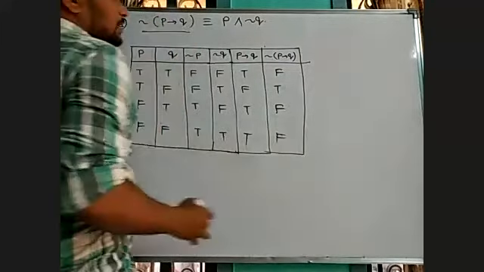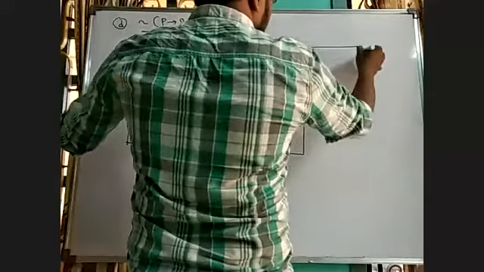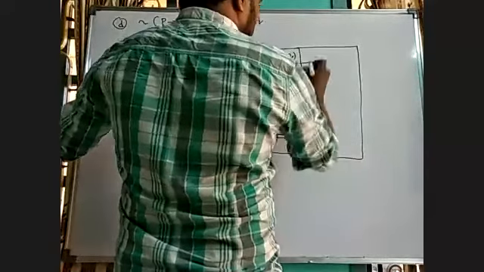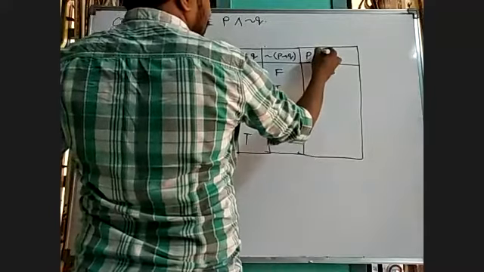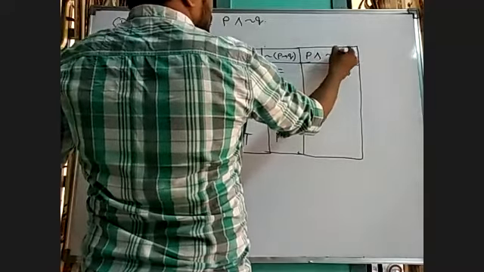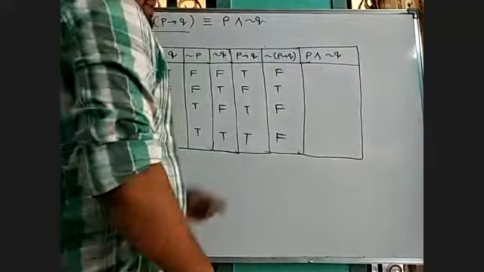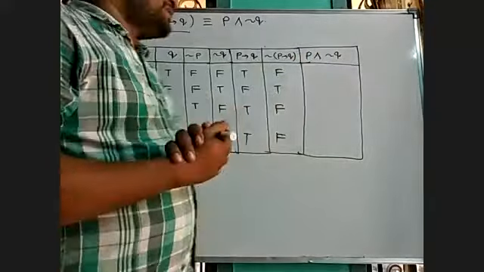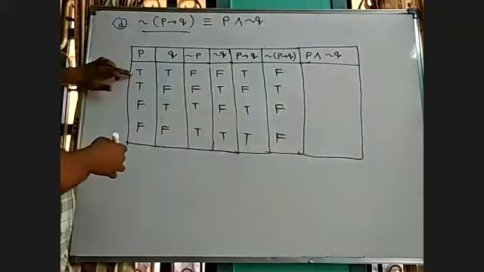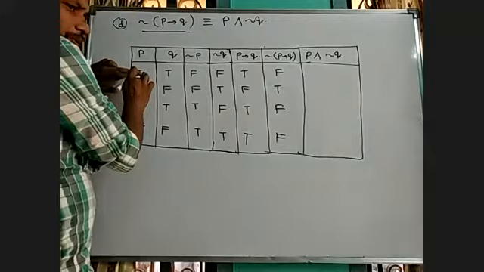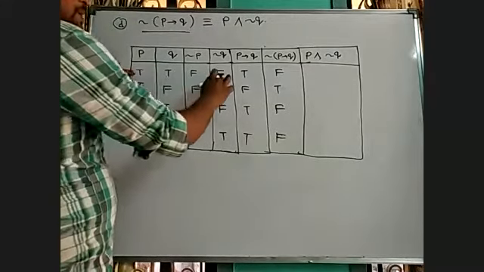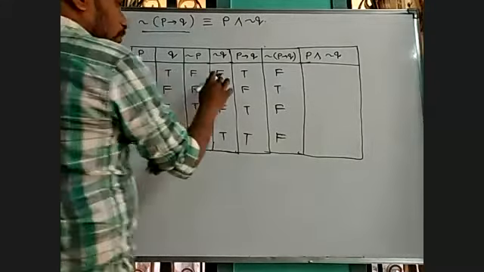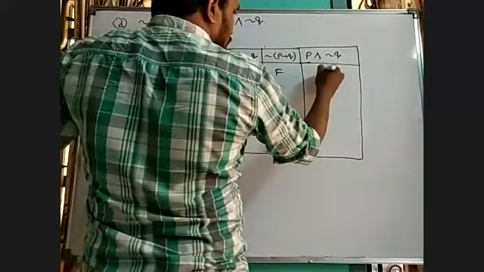Next, see there what they give. Next one, P conjunction of negation Q. Taking this as true, this is false. True, false gives false.